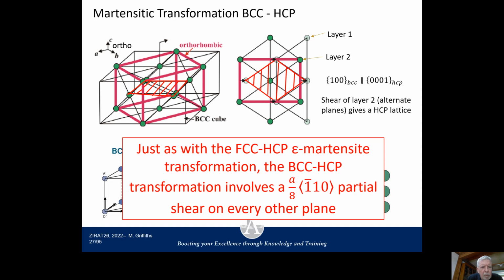And when one wants to move to a, using this orthorhombic basis, if one wants to shear, one can shear every other plane, let's say this B plane, relative to the other planes, and actually change the crystal structure and move it into, with a little bit of a shuffle, into a hexagonal type cell.